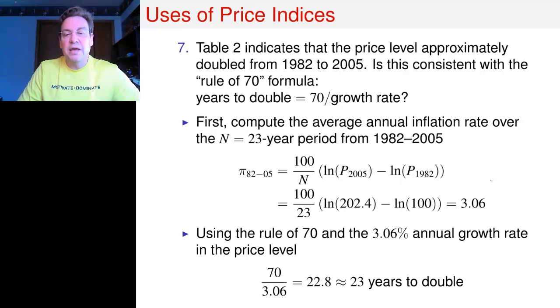We find that the average inflation rate was a little bit over 3%. So if we use this rule of 70 and that 3% growth rate in the price level, what you see is it takes about 23 years for prices to double, if every year they're going up by 3.06%.